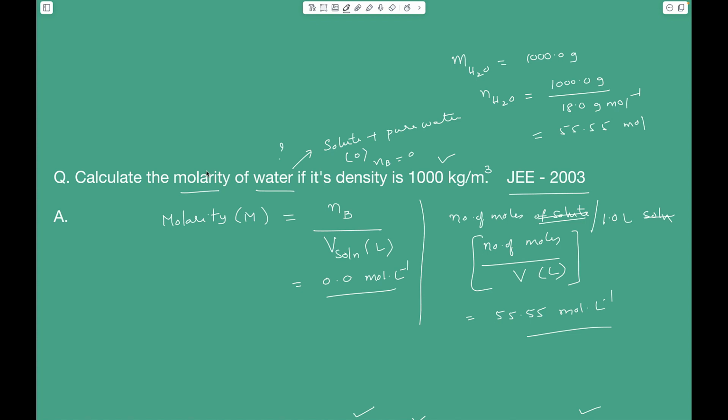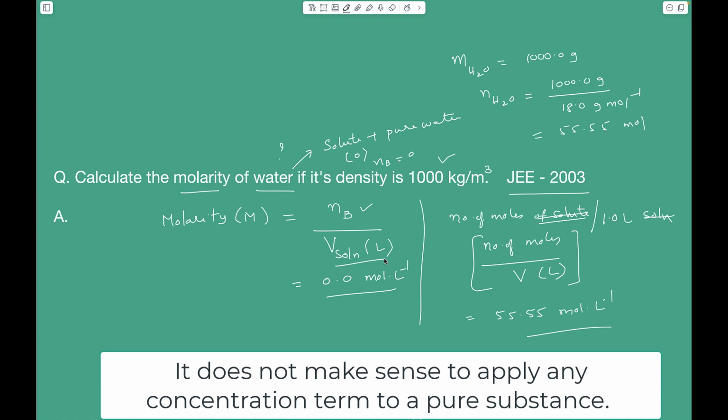See, molarity is a concentration term that tells the concentration of solute in a given volume of the solution. It is defined for solutions, and solutions are homogeneous mixtures of two or more substances. Pure substances are not solutions. They are not mixtures.